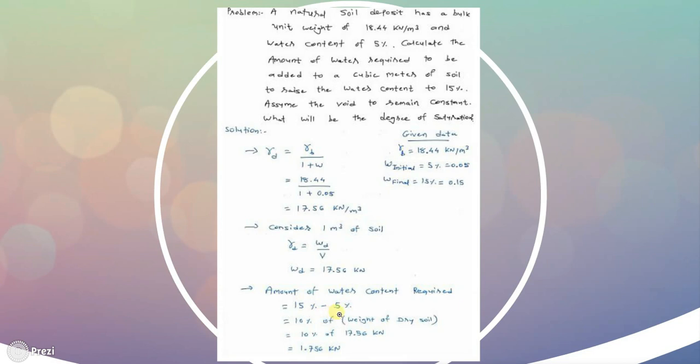So the gap of water content is 10%. 10% of what? 10% of dry soil. The dry soil weight has already been found out, so it is 17.56. 10% of 17.56 will be 1.756 kilonewton. So this is my required water, not the water content, to raise the water content by 10%. Let us go further.